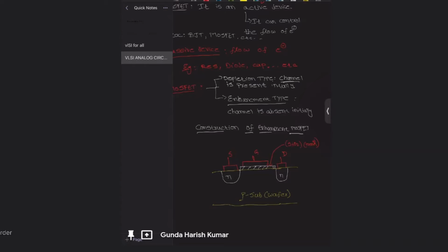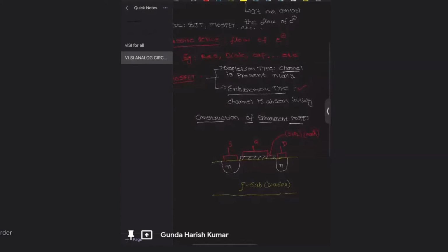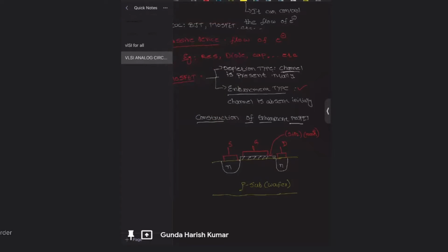This is very thin because the gate should control this channel. I'll say what the channel is. Here the channel is absent initially in enhancement type MOSFET. So when the construction is done, there is no channel between source and drain. In the working I will explain how the channel is formed.